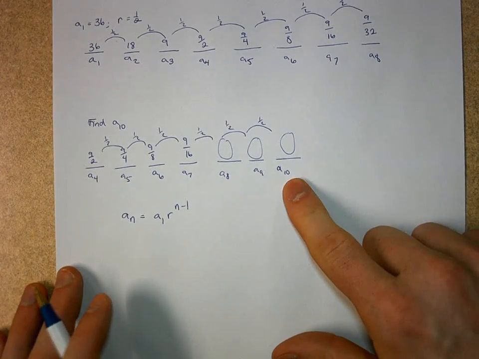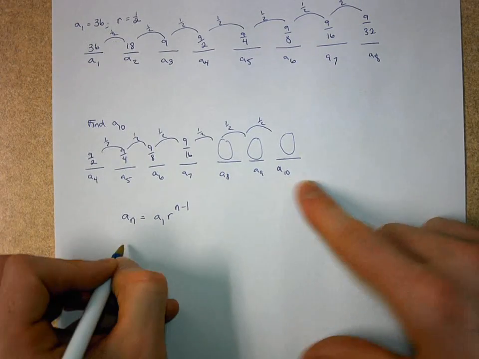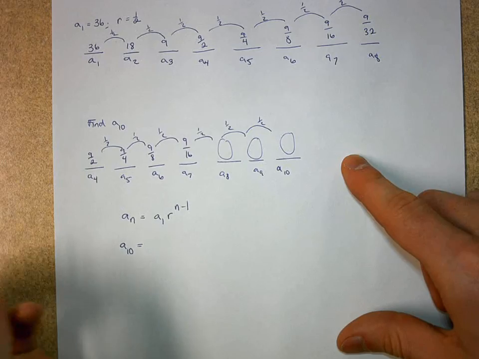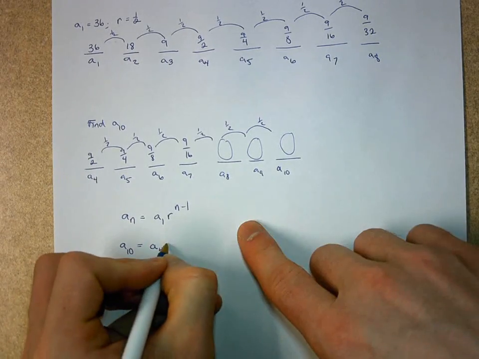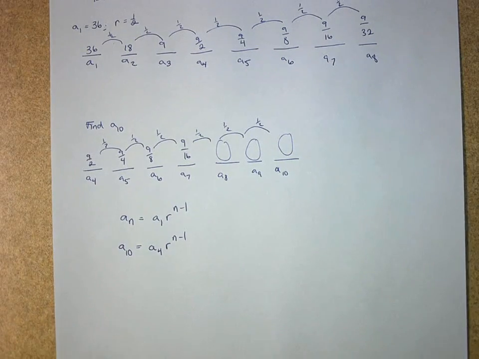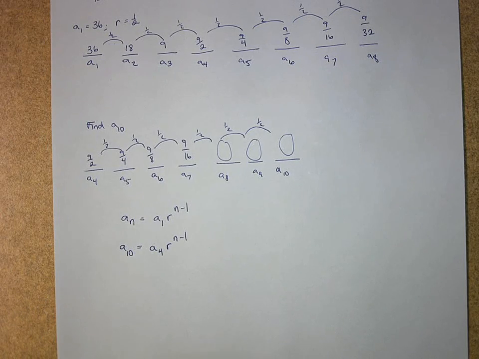So if I wanted to find a sub 10 here, I want my ending value to be a sub 10. I could use the exact same approach, where I take the number of terms that I've got up to a sub 10. So don't feel like this has to be a sub 1 every single time.